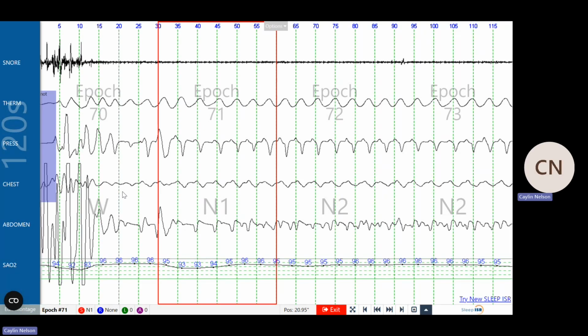So we know in 70 they're awake, so it's not going to cause any changes. Likely that change in position and the way they were breathing for those few moments while they were awake caused that oxygen to drop that 3%. But it is not significant to the point where we could score anything because remember, they're awake.